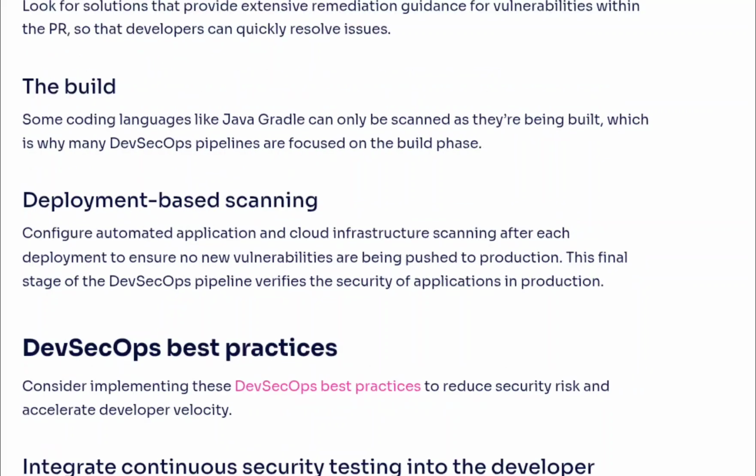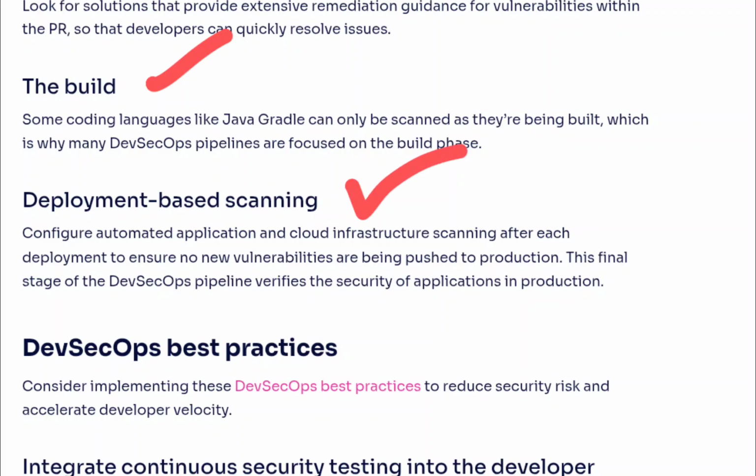The next phase was the build phase, where the coding languages, especially Java, Gradle, can also be scanned as they are being built, which is why many DevSecOps pipelines are focusing on the build phase.